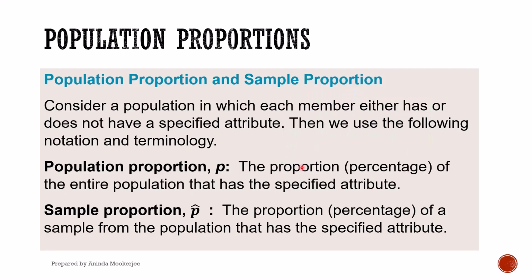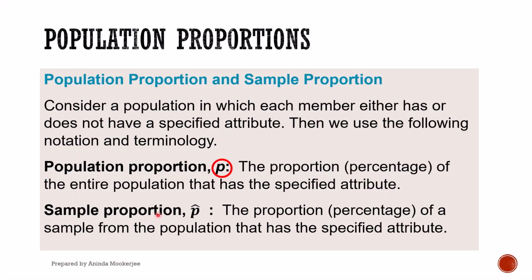Most often it is a decimal value between 0 and 1, and that can be transformed to a percentage by multiplying it by 100, right? So when we are looking at the entire population and determining what proportion of the entire population has met the specified attribute, then we refer to that as population proportion, and we denote it by the lowercase letter p.